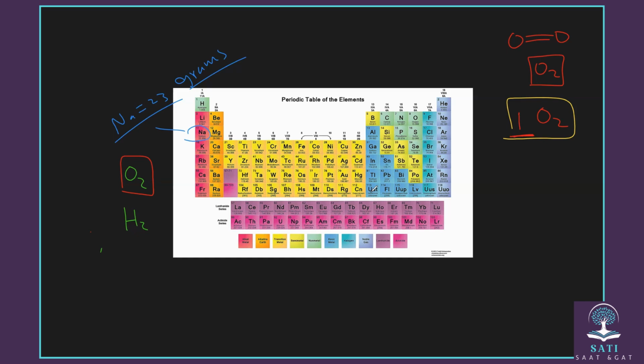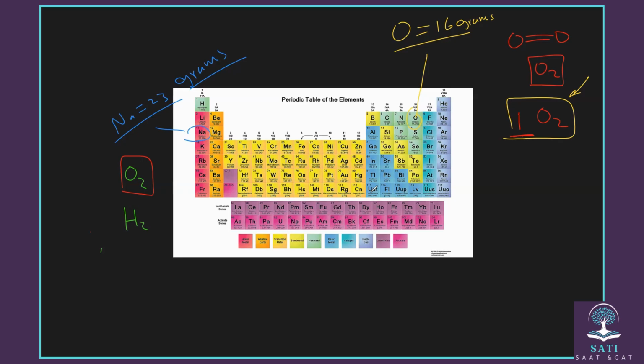Look here, what is written for oxygen and what will be given to you is oxygen equals 16. This means 16 grams, which is the molar mass of oxygen, the mass of 1 mole of oxygen atoms, not of molecules. But the molecule here has 2 atoms.